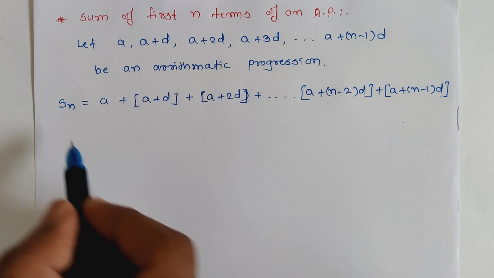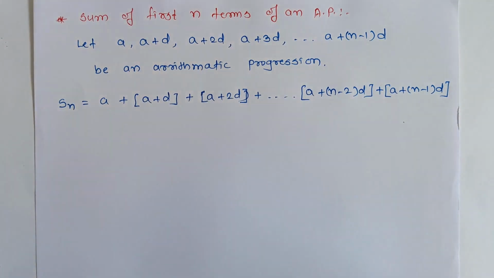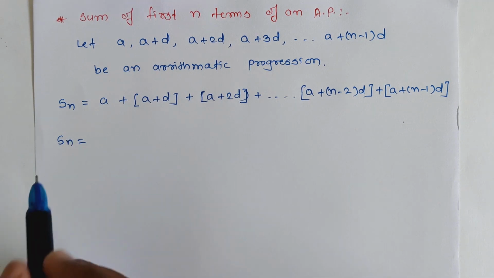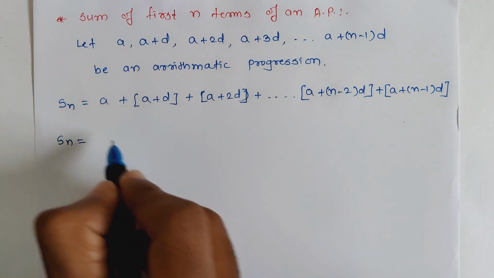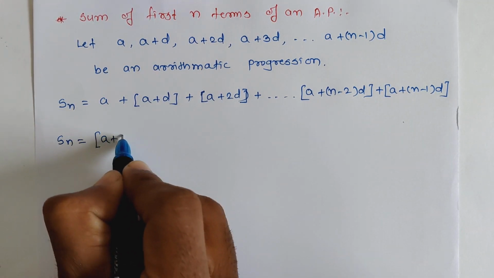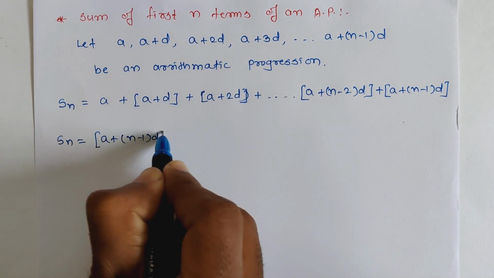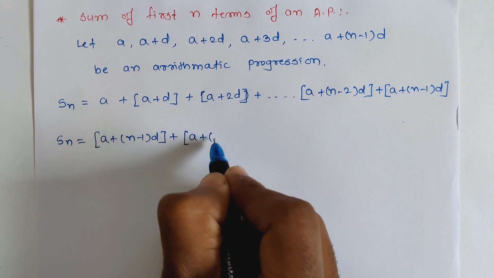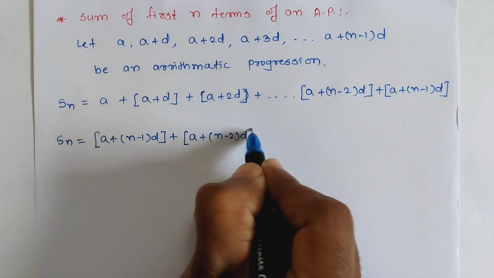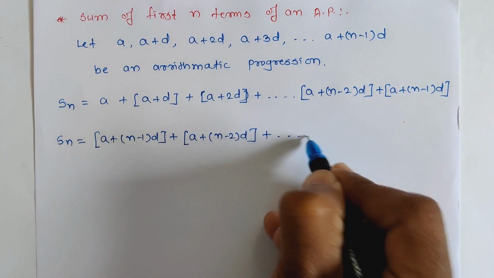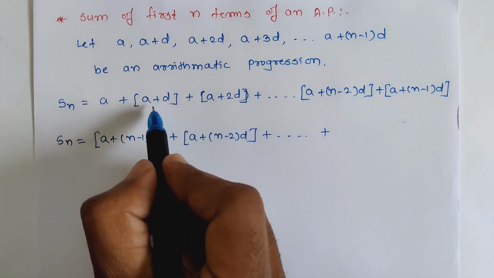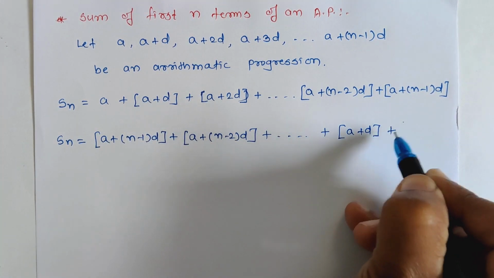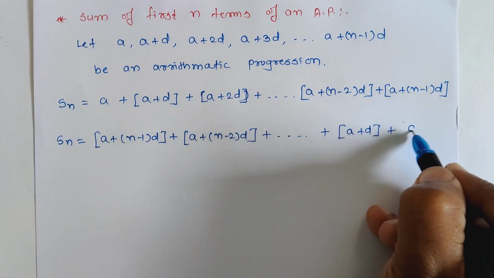Now if we write these terms in reverse order, we will have Sn is equal to, here we will write the last term first, that is a plus n minus 1 into d, then the second last is a plus n minus 2 into d, plus up to the second term a plus d, plus a.